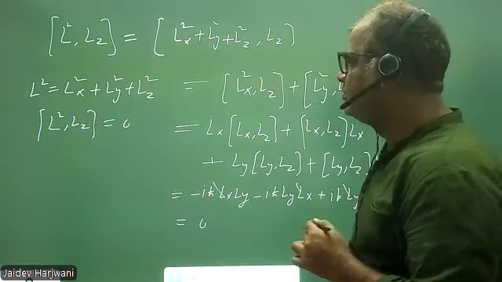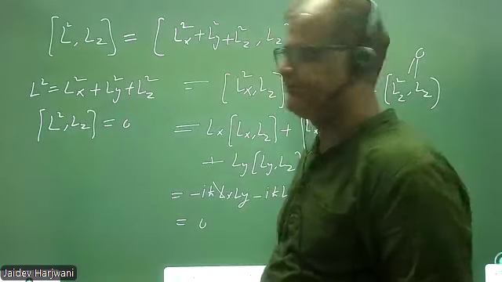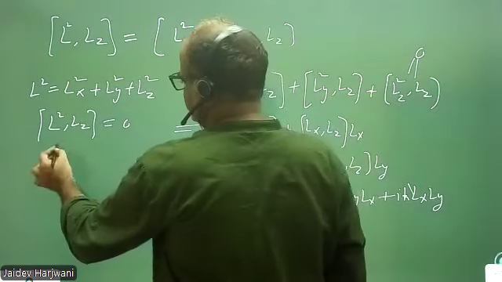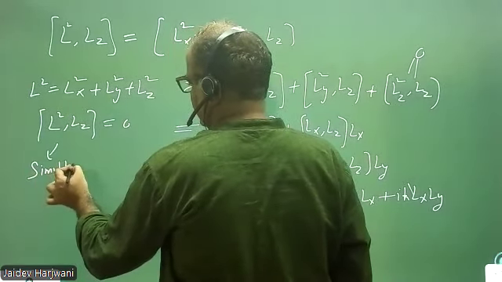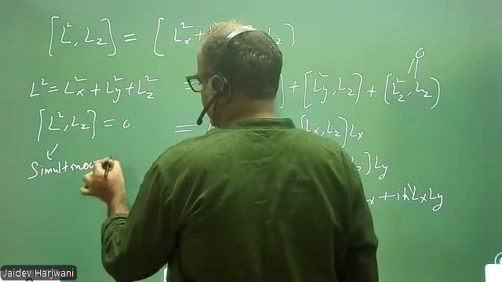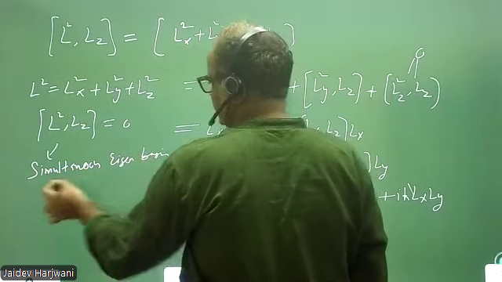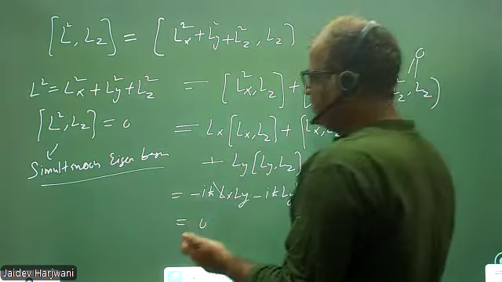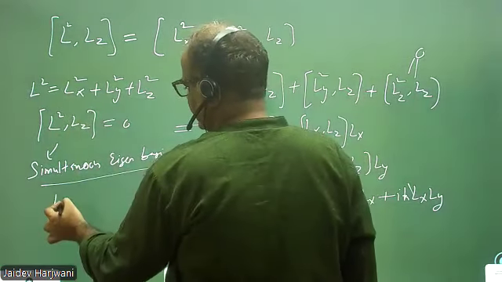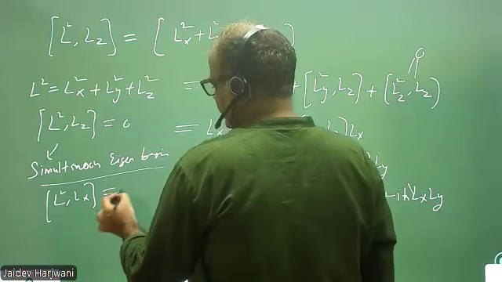So whenever two operators commute, that means they can have a same eigenbasis. That means simultaneous eigenstates or eigenbasis these two operators can have. Similarly, there's nothing special in Lz. I can take [L square, Lx] also, so this will give 0.